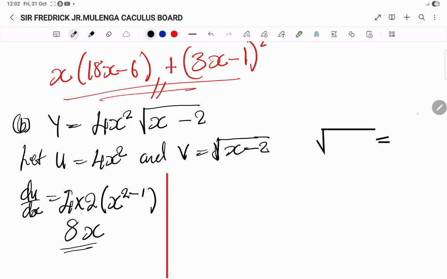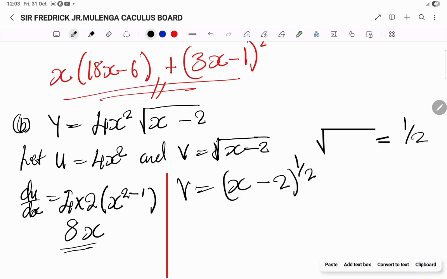We know that it means 1 over 2. So 1 over 2. So this will be written as (x minus 2) in bracket to the power 1/2.